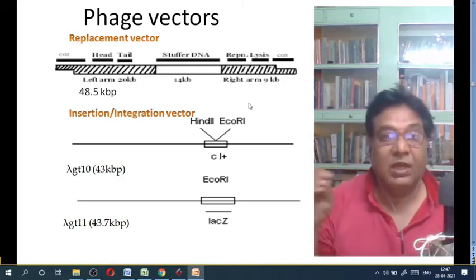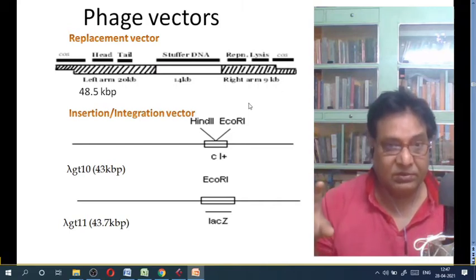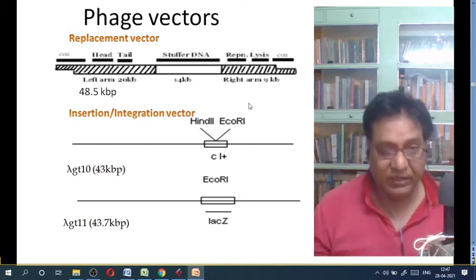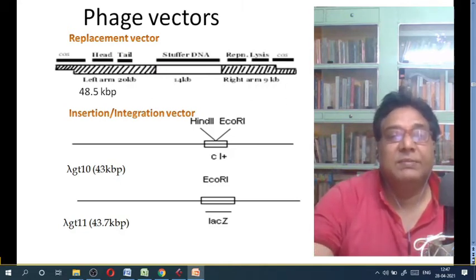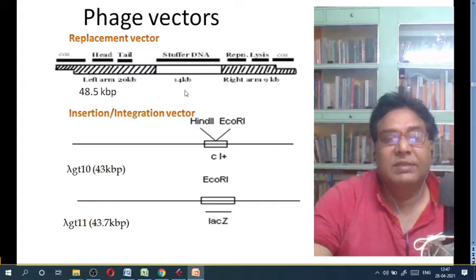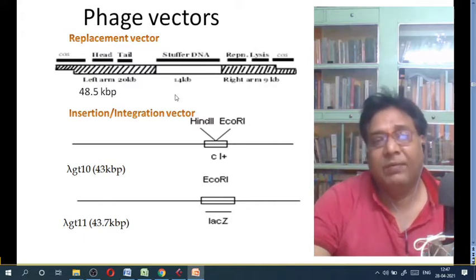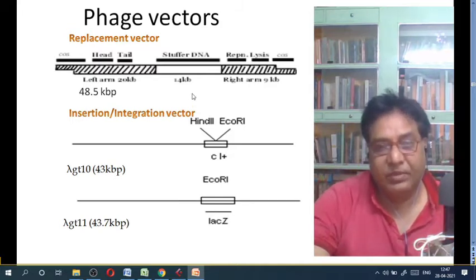So you don't allow the plaques to increase in size further, so that they merge together. Okay, so this is how these replacement vectors are very suitable. The recombinant selection is automatic, because whatever plaques you are getting are because of the recombinant clones. The non-recombinants are not going to be packaged.